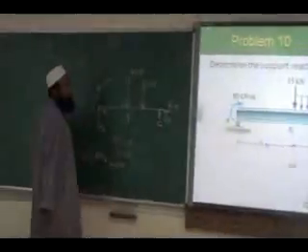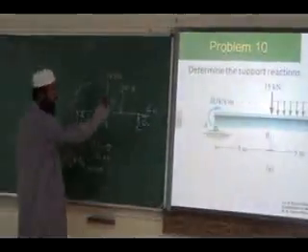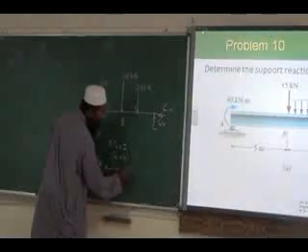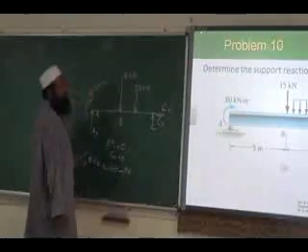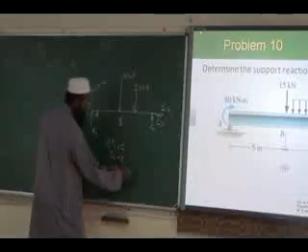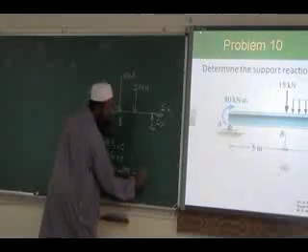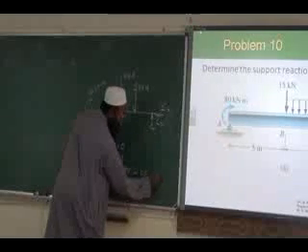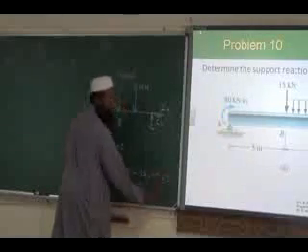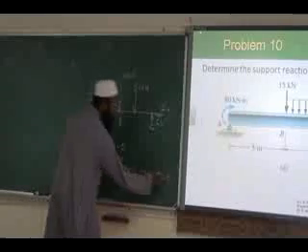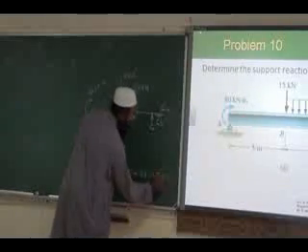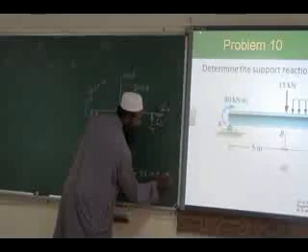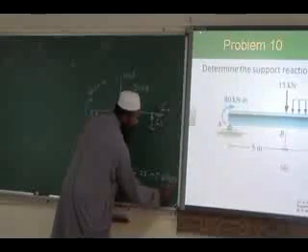Minus 80 kN meter, then minus 15 times 5, then minus 25 times 7.5, plus Cy times 10 equals 0.